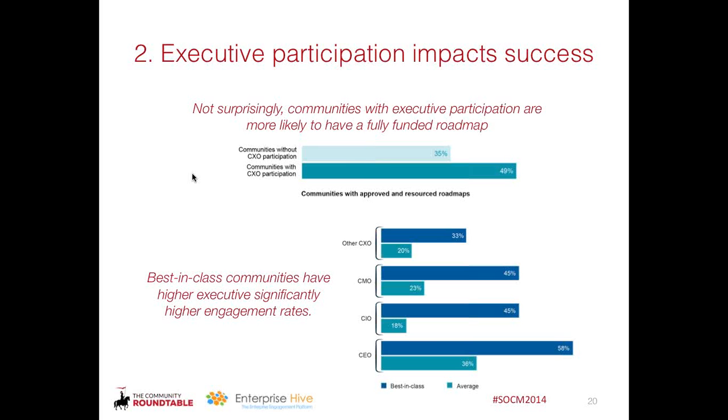And we also found that there's a correlation between those communities that have high executive participation and fully resourced roadmaps. So of all the communities that had executive participation, 50% of them had approved roadmaps, which was higher than the 35% average.